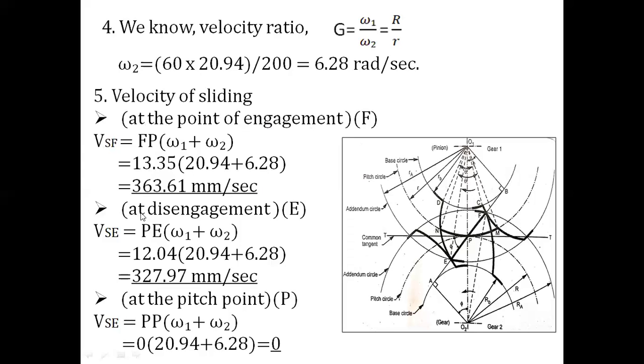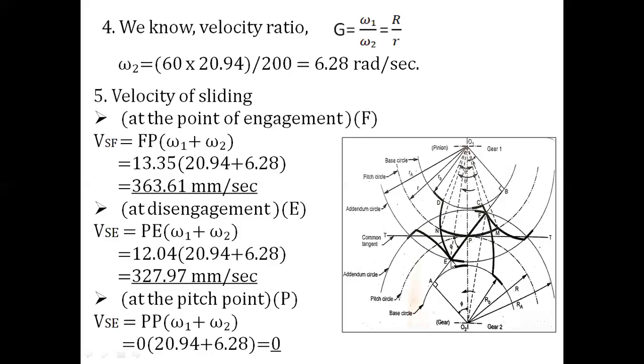Second one, the velocity of sliding at the point of disengagement. That point is disengagement E. So it is the product of the summation of angular velocities omega 1 and omega 2 into EP, the distance of the point of contact up to the pitch point.